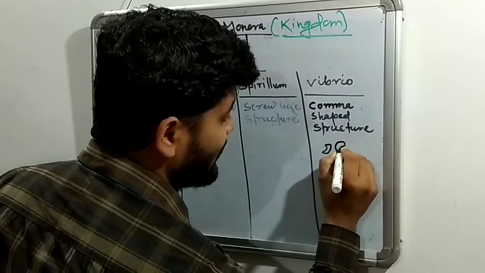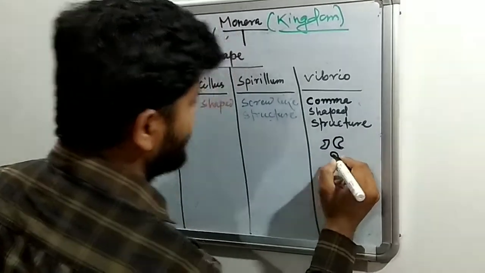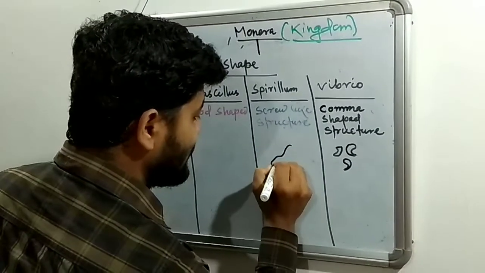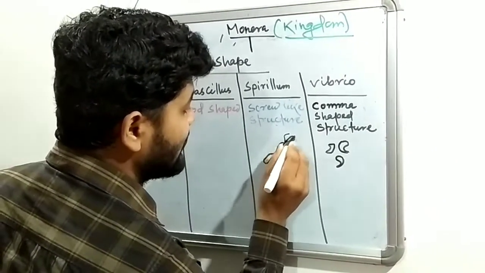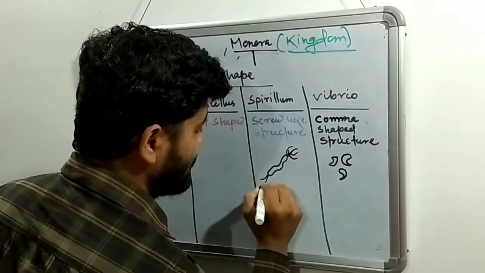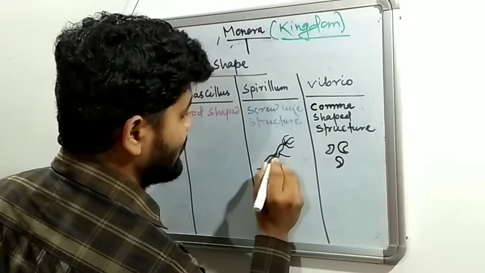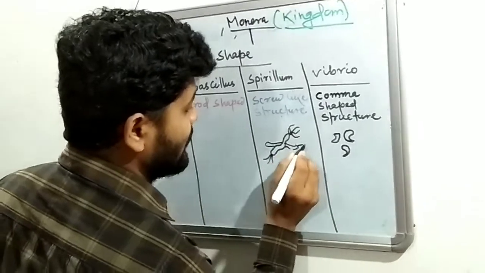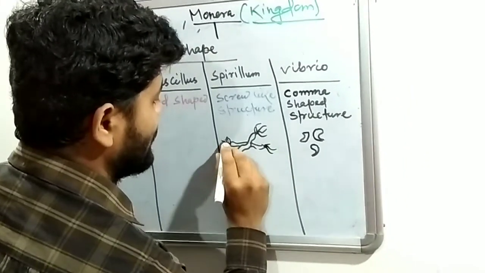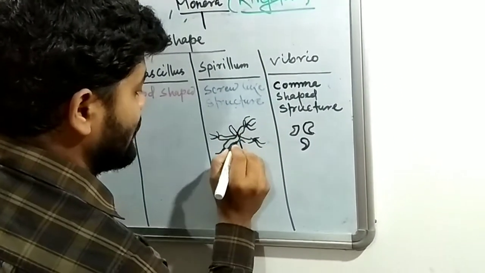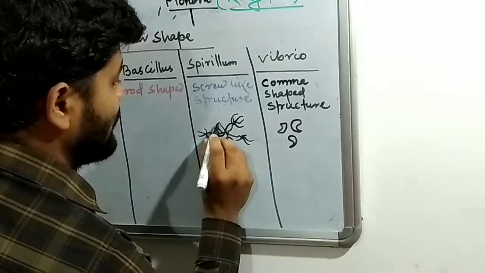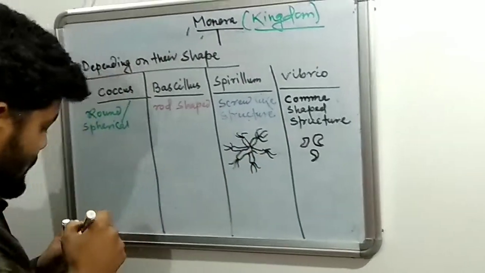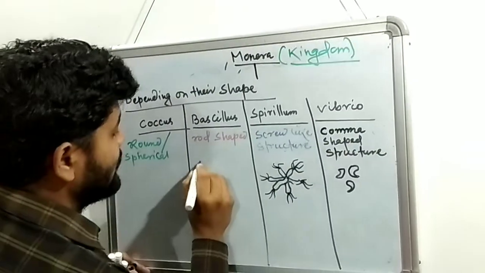These bacteria look like this, whereas these bacteria look like this. Now bacillus looks like this.